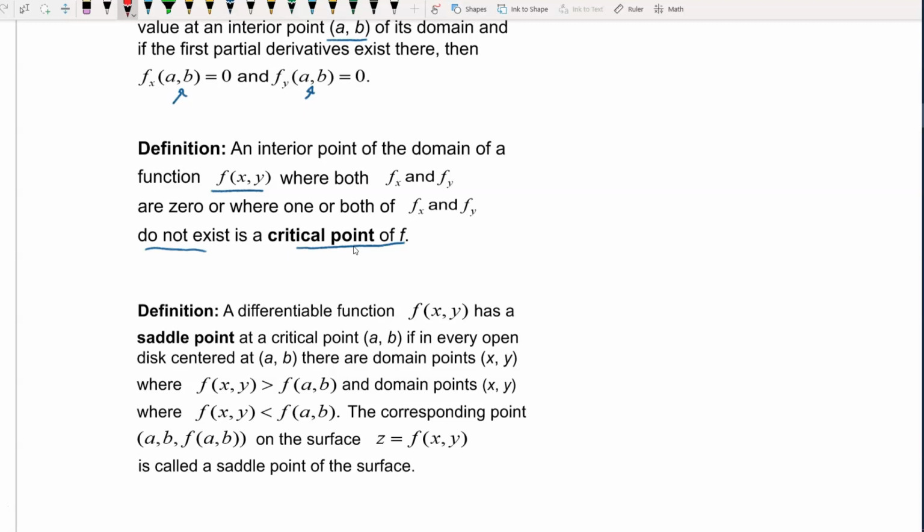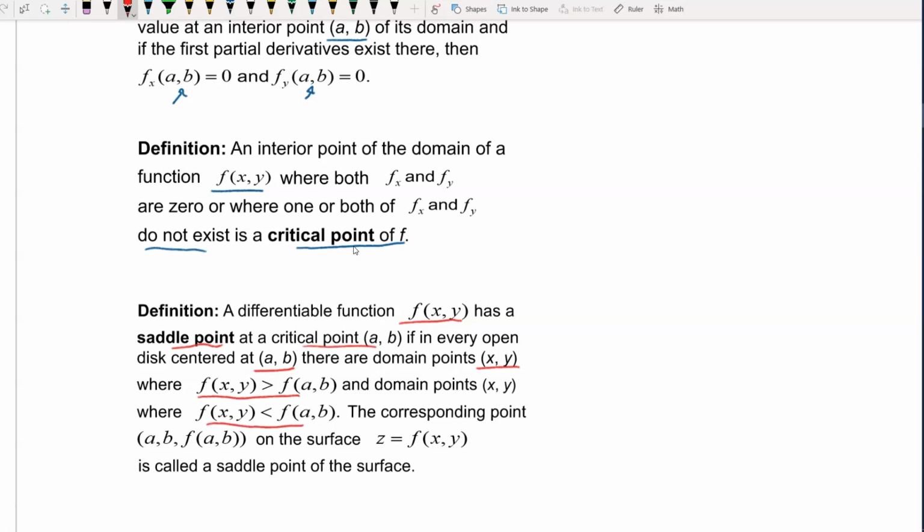Here under definition, a differentiable function f of x, y has a saddle point at a critical point a, b if in every open disk centered at this point a, b there are domain points x, y where f of x, y is greater than f of a, b, and domain points x, y where f of x, y is less than f of a, b.